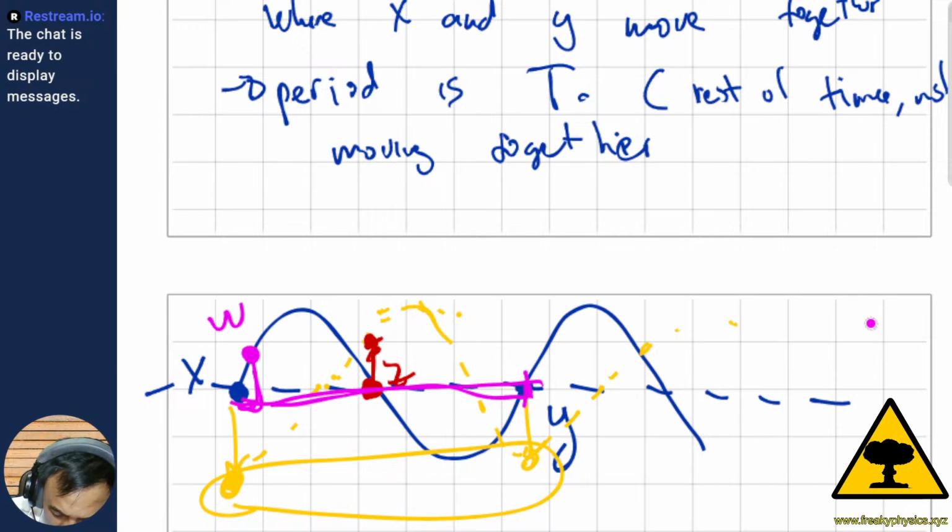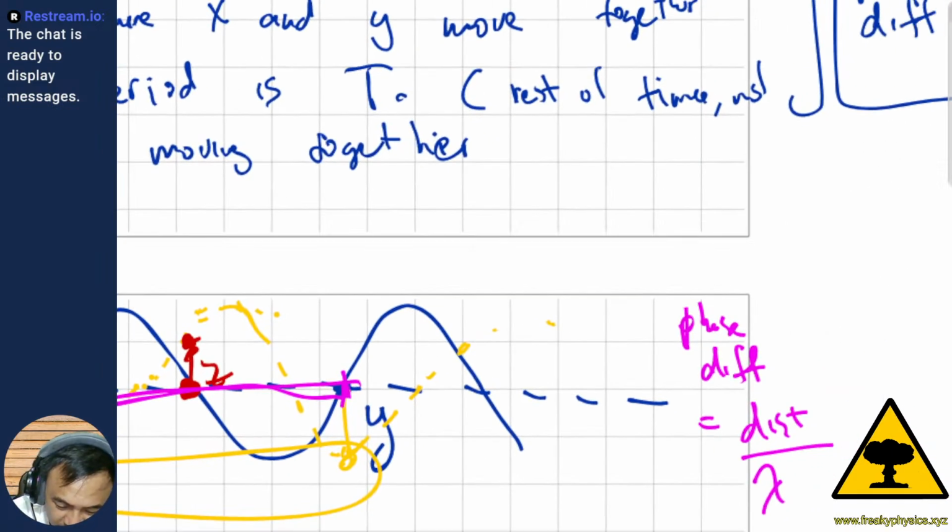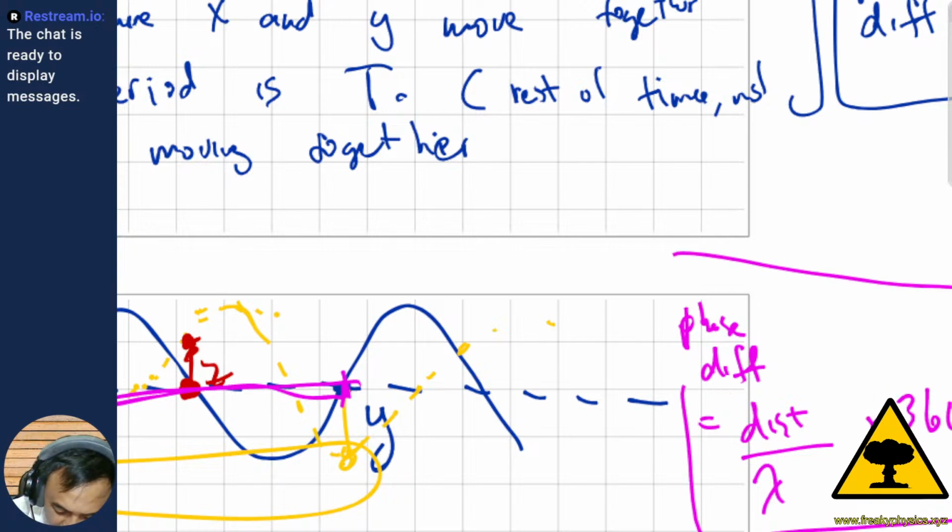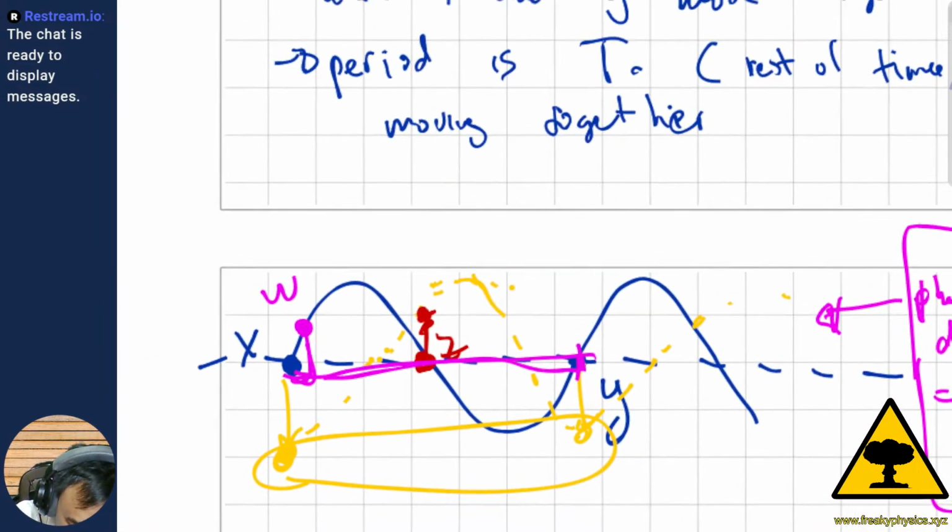The phase difference is equal to distance divided by wavelength times 360 degrees. I'll label the distance as D.